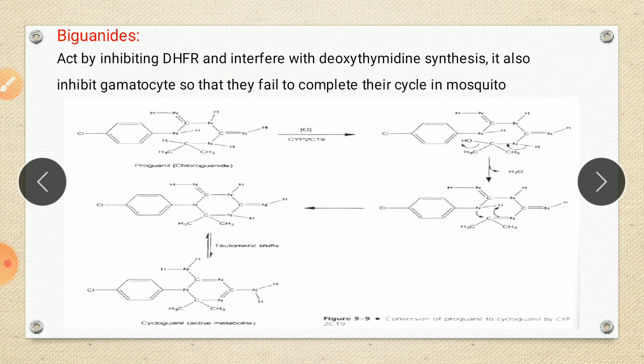The function of DHFR is to convert folic acid into dihydrofolic acid and into tetrahydrofolic acid. Then this tetrahydrofolic acid is involved in conversion of dUMP to TMP, which is the important step in DNA synthesis. So these drugs inhibit the DHFR like sulfonamide. These drugs inhibit the dihydrofolate reductase enzyme, therefore inhibit DNA synthesis.